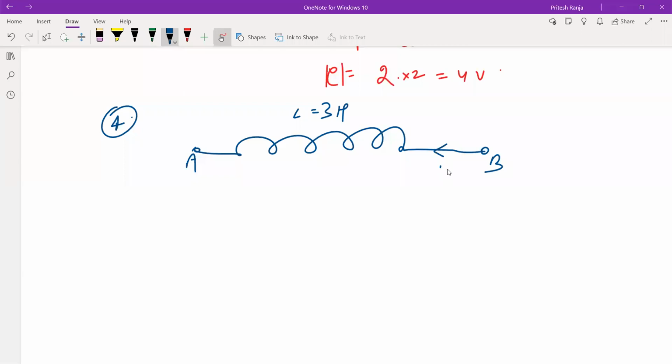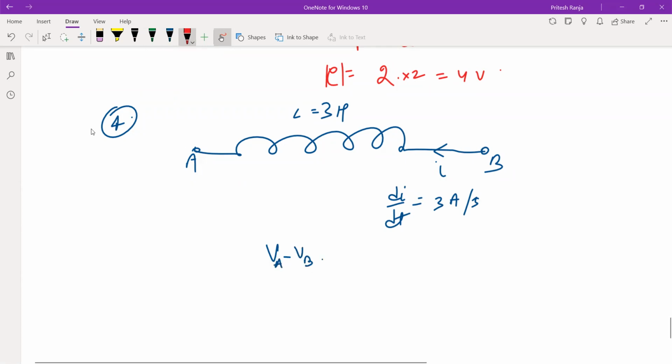And current is in this direction and di by dt is 3 amps per second. So here we have to find VA minus VB. Observe, finding this is very simple, but now we are going to analyze it differently.